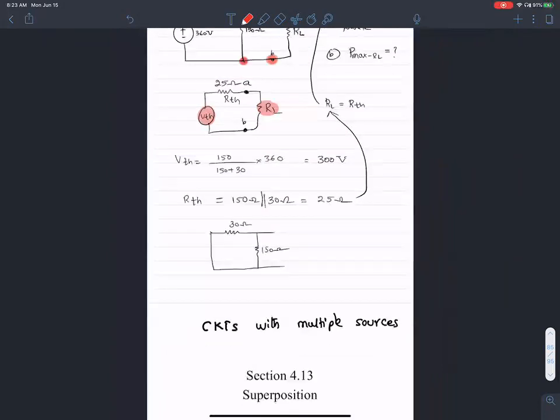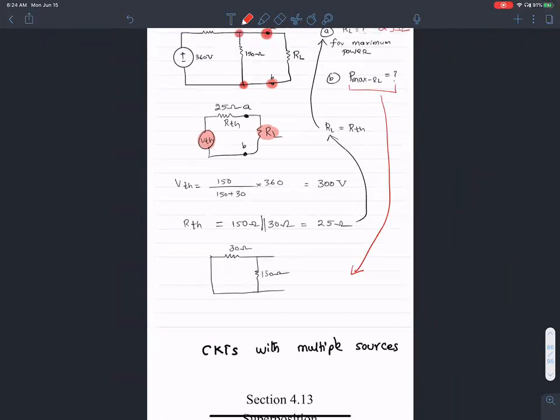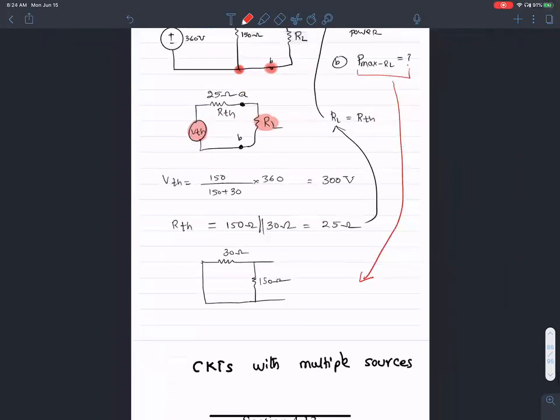Okay, now in order to calculate the maximum power, all I have to do is take the voltage across VAB squared over RL.